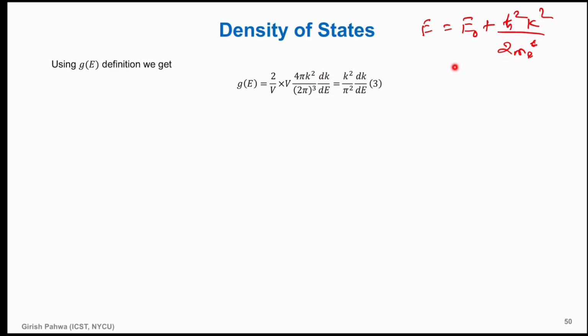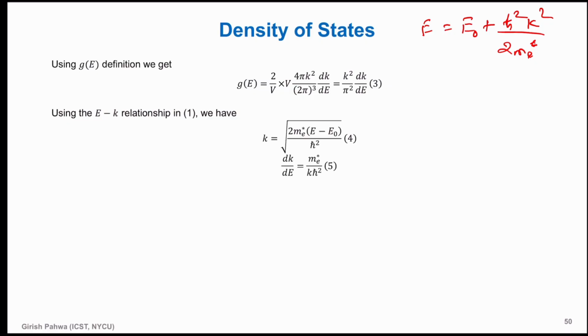So if I calculate everything in terms of energy, dk by dE as well as K square, finally you will get density of states as this expression. So this root dependency is coming because of this.